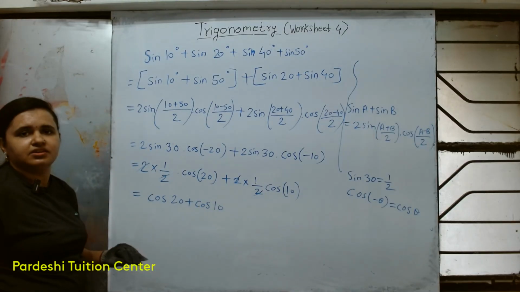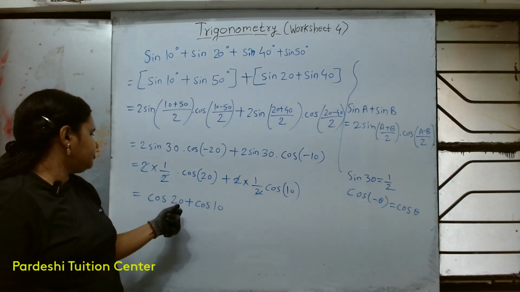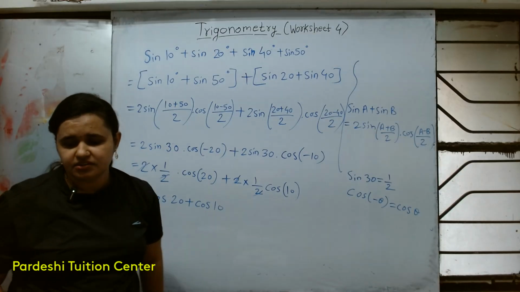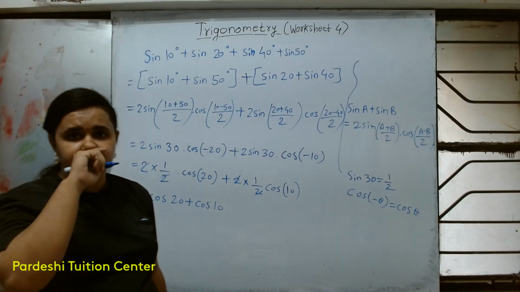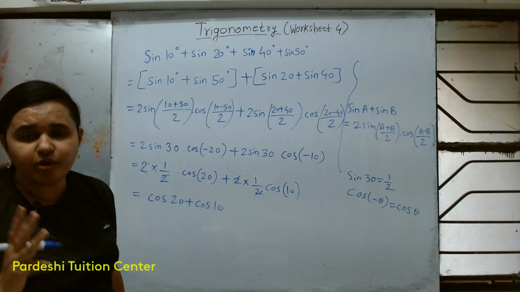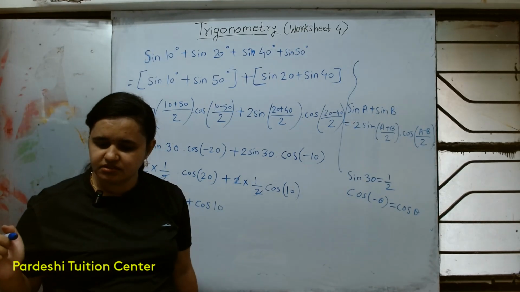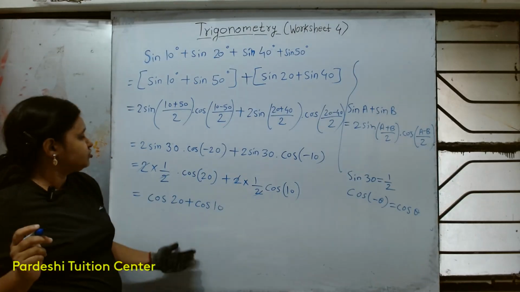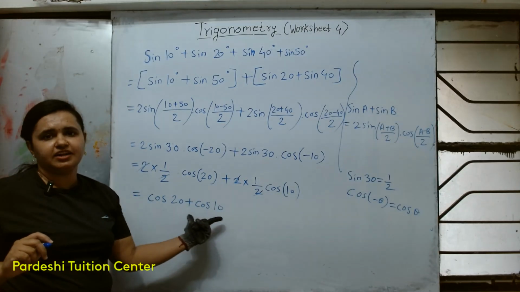Okay. Now here you can apply the formula of cos A plus cos B, but you have to see the options first. Three options are in the form of sine. Okay. So it will be lengthier. So you have to just calculate the value for this.